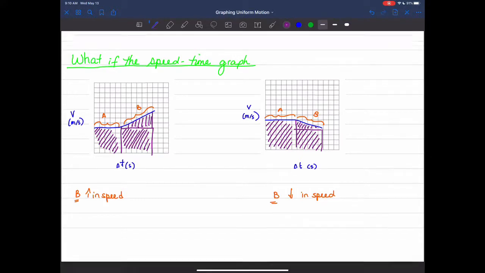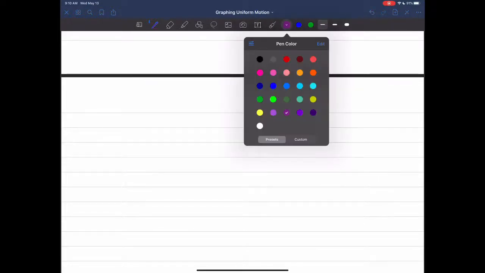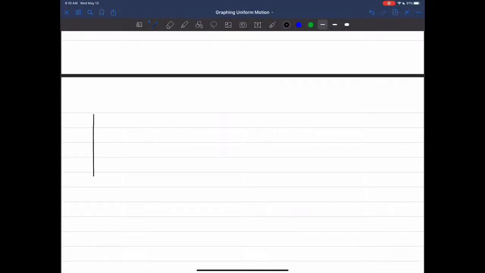Okay, how about if you had something that looked like this? If I had a speed time graph and I had uniform motion and then my object decreased in speed, and then it sort of settled at that, and then it decided, well, no, I want to go up in speed, and then it says, well, this is a good one, and then finally it comes to a stop at the house.